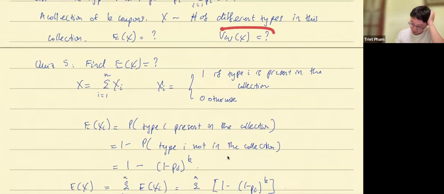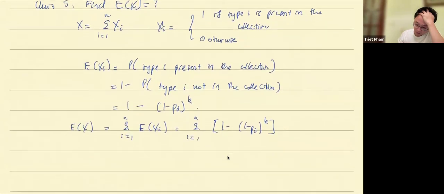But of course, the real question is about the variance. So let's see. To find the variance, again, we must use the same structure. So the variance is a sum of the variances plus the covariance terms.